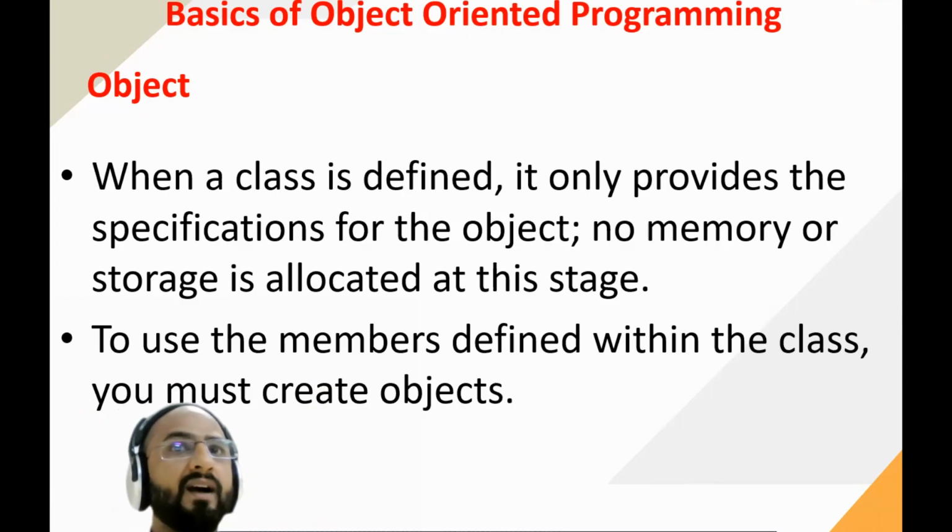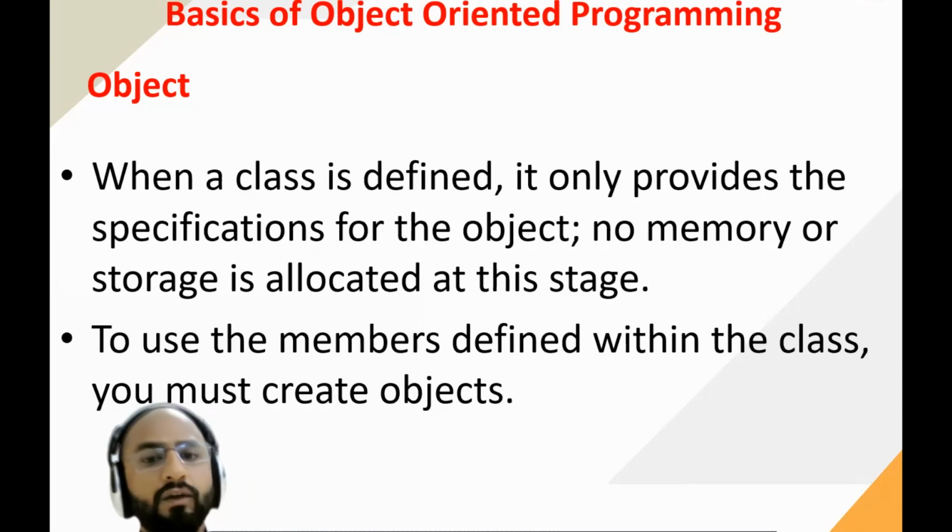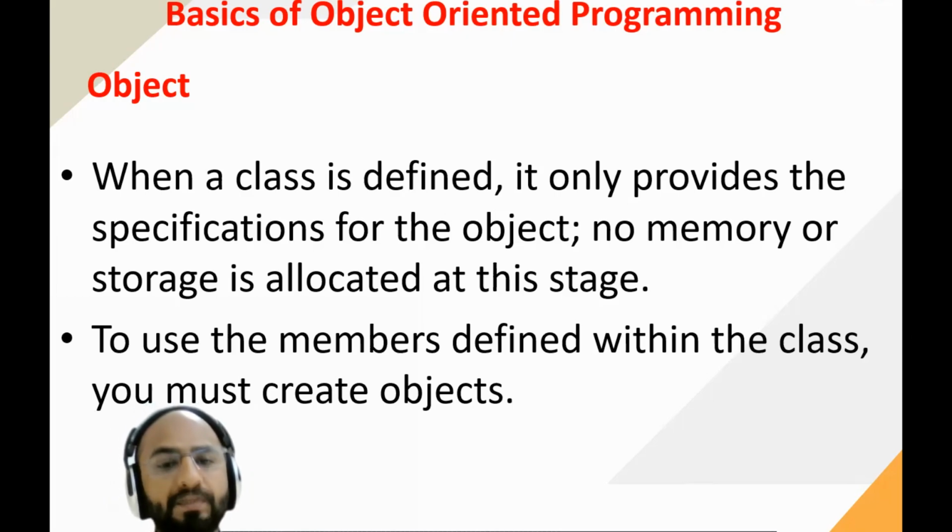When you are creating a class, no memory is allocated. When you create an object of that particular class, at that time the memory will be allocated to that object. To use the members defined within the class, you must create an object. If you want to access a property of that class, or call a method of that class, you need an object of that particular class.